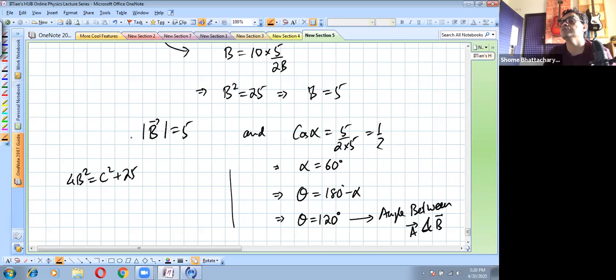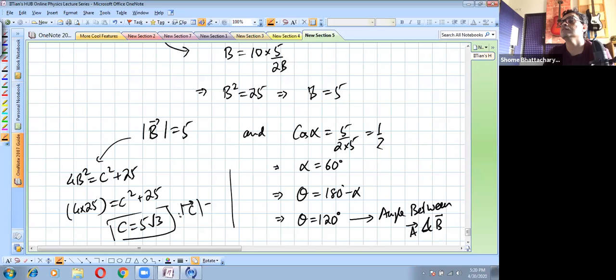So now in this substitute B. So 4 into 25 is equal to C square plus 25. So from this you will get C as 5 root 3. Okay, so the magnitude of the vector C is 5 root 3. So this becomes the complete solution set of this.